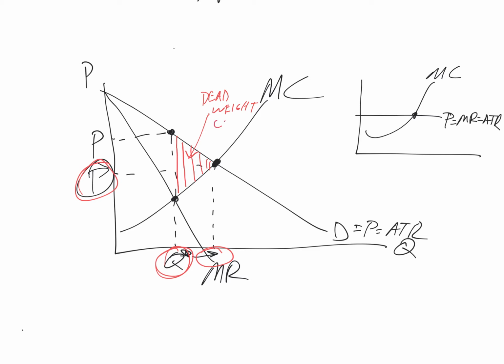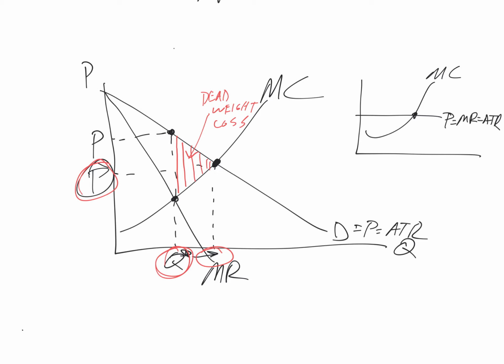Dead weight loss. Here's the value society places on the good. Here's the value of the resources used to make the good. This is bigger than this. This is value, this is economic surplus that is lost. It is lost.